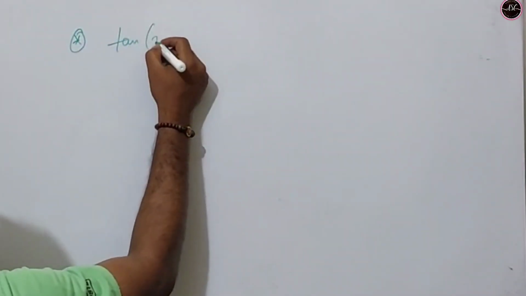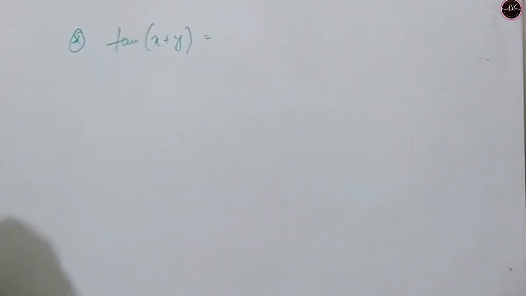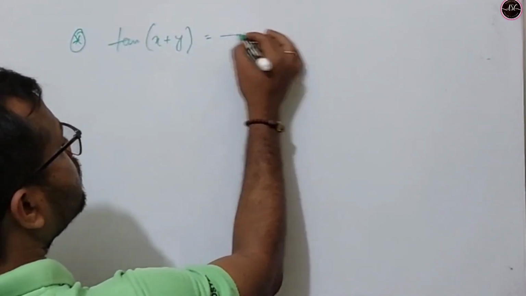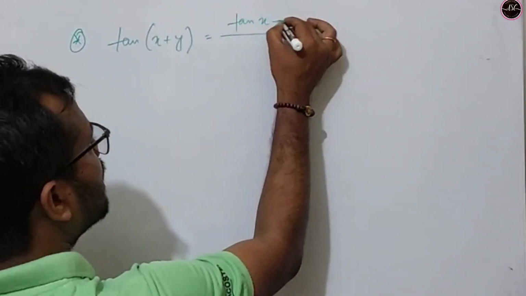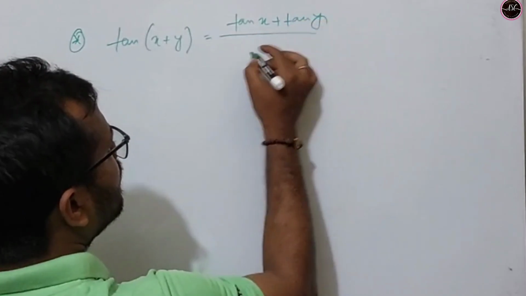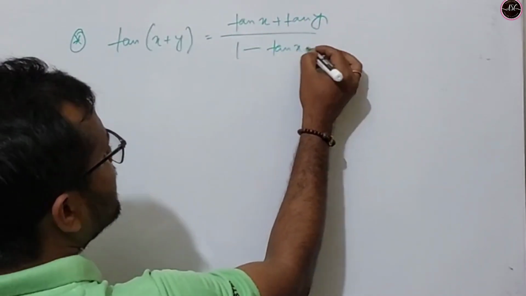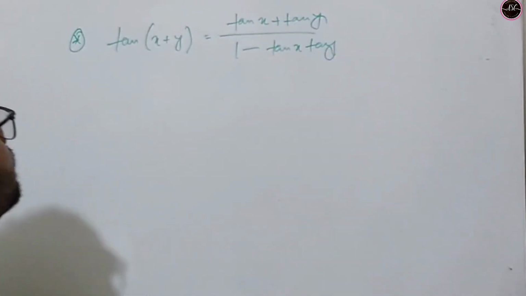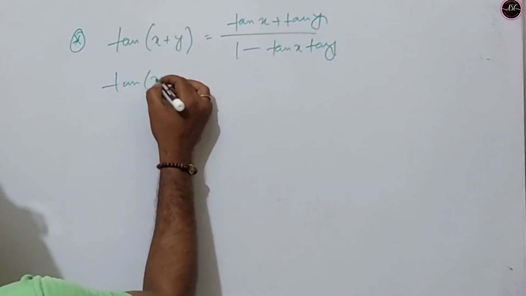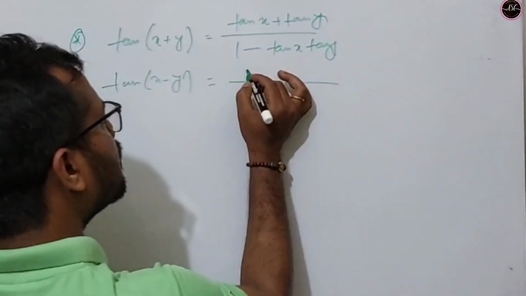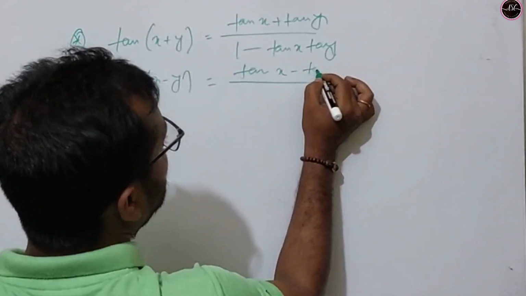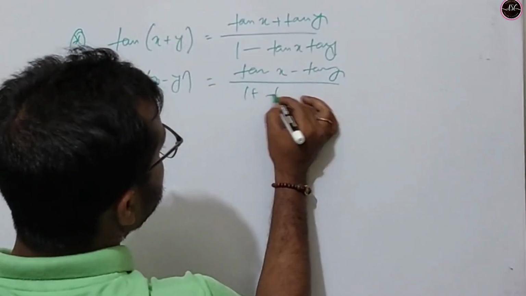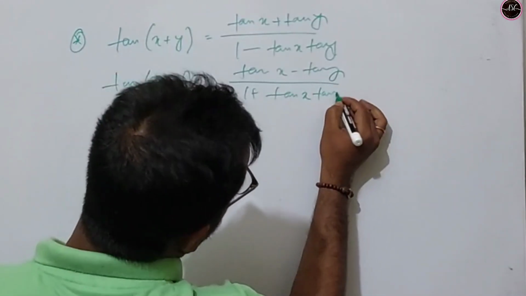Now tan of x plus y equals tan x plus tan y by 1 minus tan x tan y. Then tan of x minus y equals tan x minus tan y by 1 plus tan x tan y.